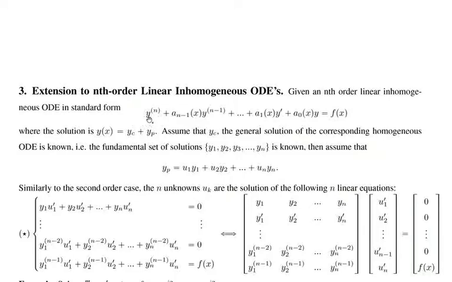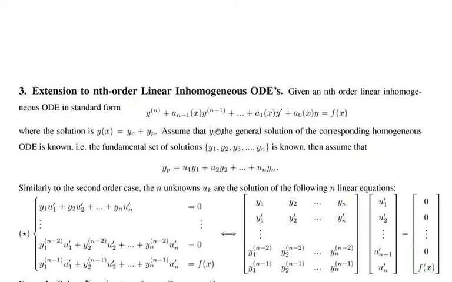If it's not, then note that you have to divide by whatever is multiplying the nth derivative to write it in standard form. So the general solution of this inhomogeneous ODE is the complementary solution, which is the general solution of the corresponding homogeneous ODE, plus a particular solution.